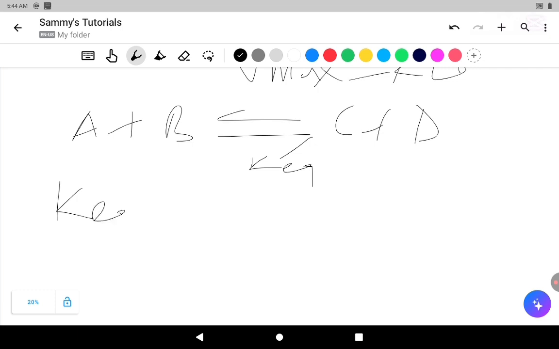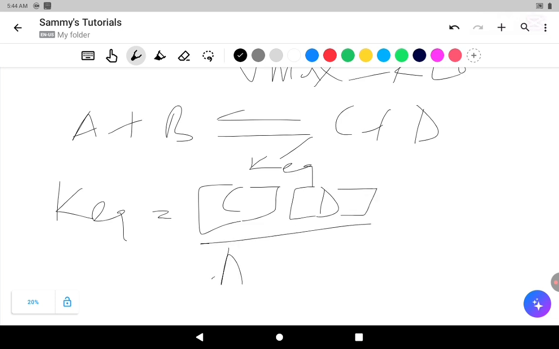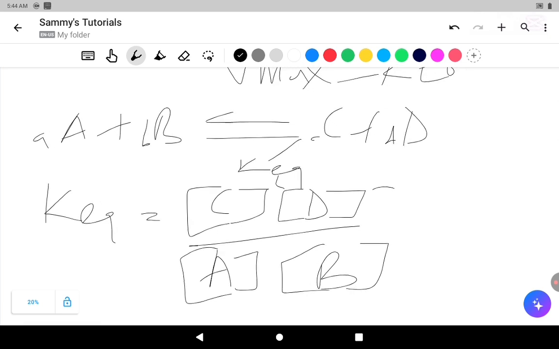It's saying that KEQ is equal to C, pay attention, D all over A B. If there's any small letter here, that is the stoichiometric coefficient, they will be up here, on C, D, A, and B respectively. That's what the law means.